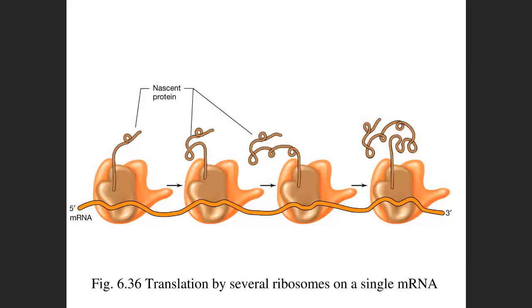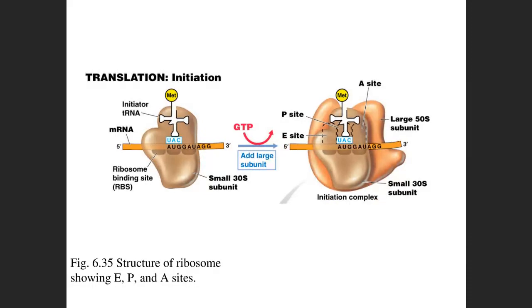This is the mRNA from 5' to 3', and this is the ribosome reading, or translating, from 5' to 3'. The peptide comes out, and it forms secondary structure between different amino acids, right?